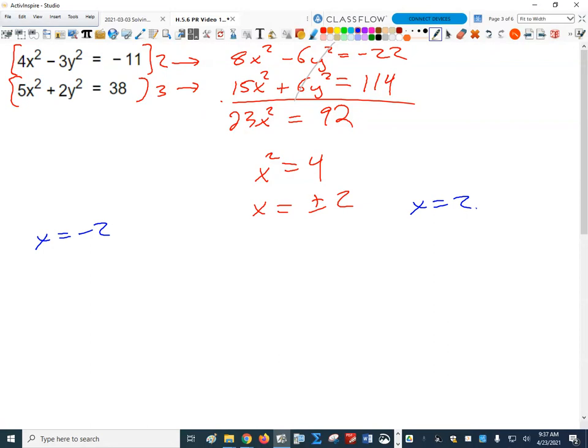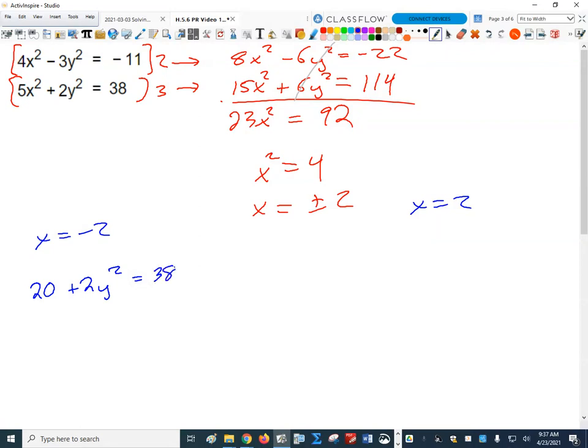I'm going to plug into the bottom one where I'll end up with a positive coefficient of y. Not that it matters very much, right? But if I plug that into the bottom equation, I'm going to get 5 times 4 is 20 plus 2y squared equals 38.